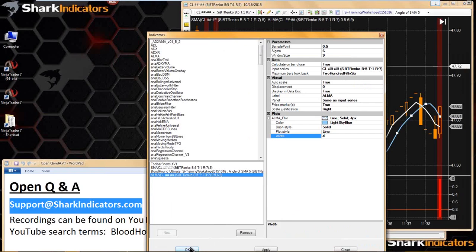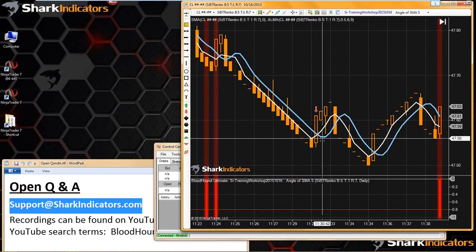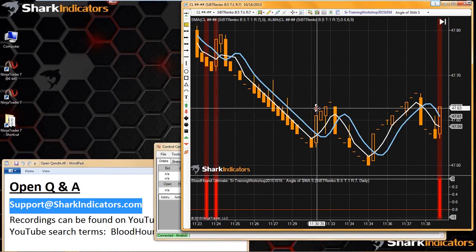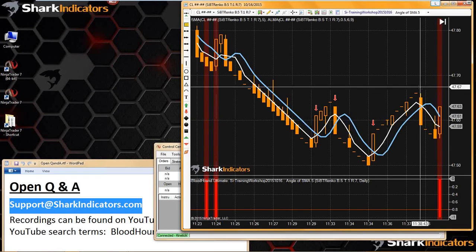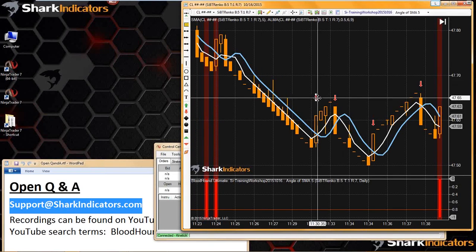I'll make the ALMA just a little thicker, so I'm looking at the right one. Okay. Alright, so just to mark a couple of bars.